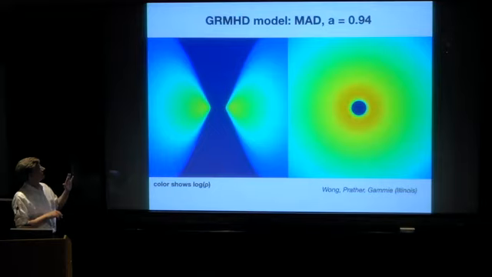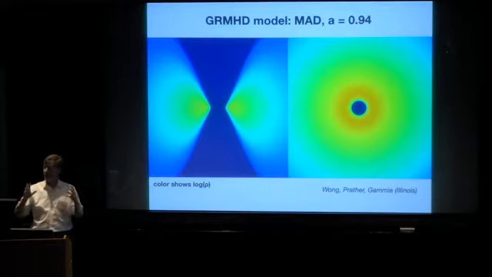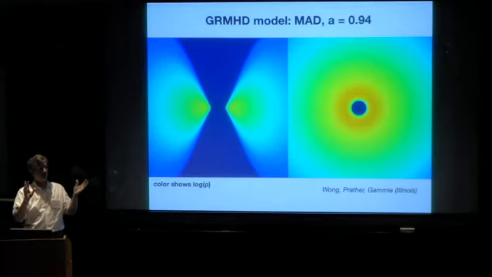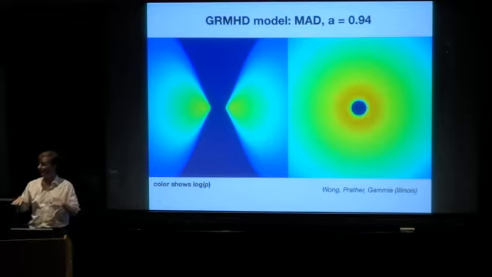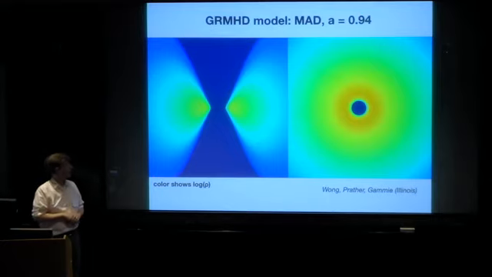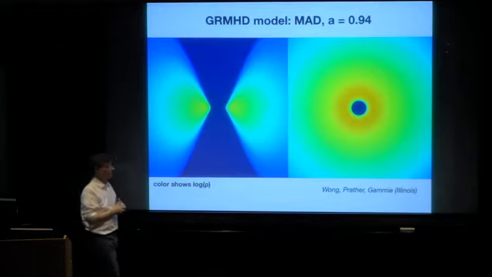So this is a relativistic MHD simulation of an initial centrifugally supported torus around a rotating black hole. And this torus has a significant amount of magnetic flux that penetrates the inner rim of the torus. And what you're going to see is the evolution of the rest mass density.